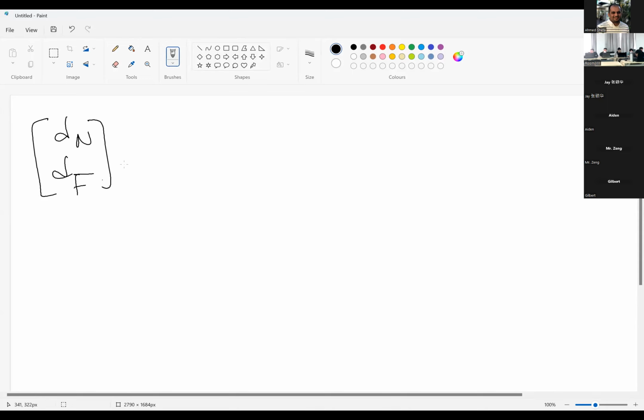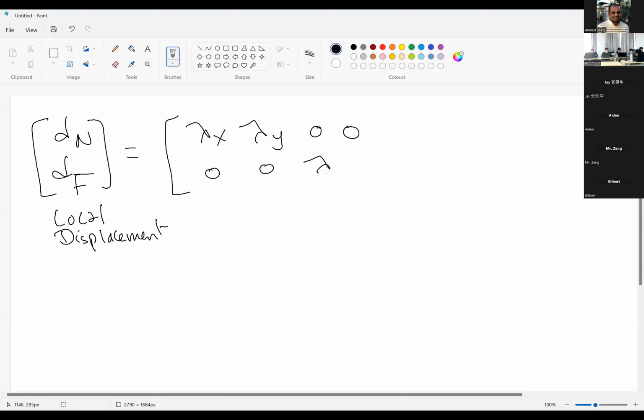These are called local displacements, or displacements in local coordinates, and they will be equal to [lambda x, lambda y, 0, 0; 0, 0, lambda x, lambda y] times dnx, dny, dfx, dfy.